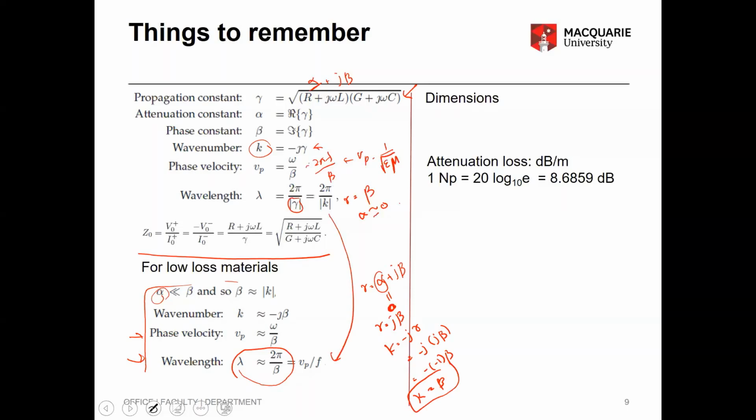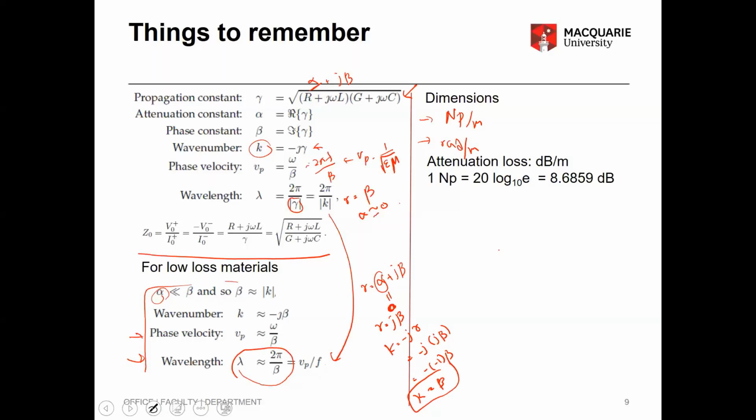Another thing you need to remember is that alpha is a loss, and we call that loss in nepers per meter. Usually you will notice the loss is in decibels per meter when you look at the data sheet. We'll talk about that in a minute. So that's the dimension of alpha, and beta is radians per meter.